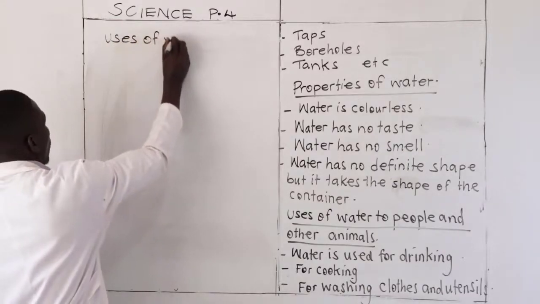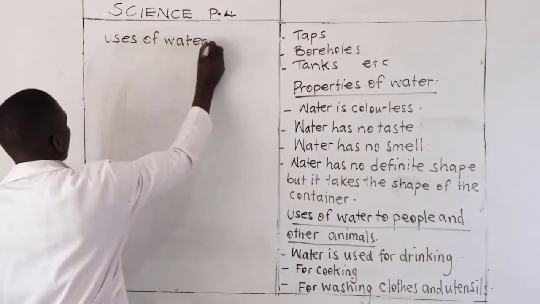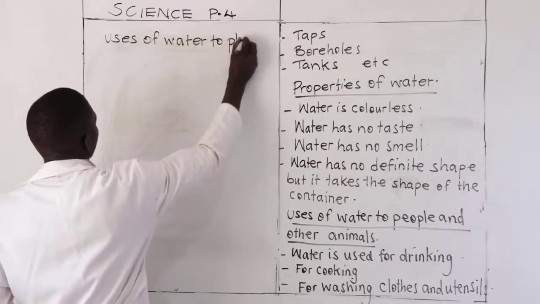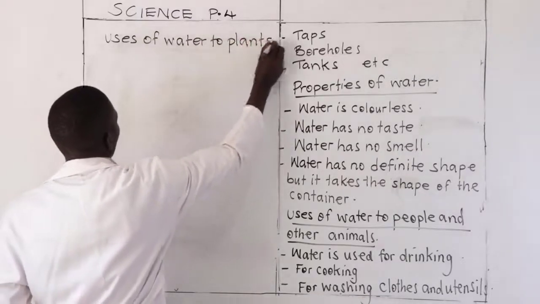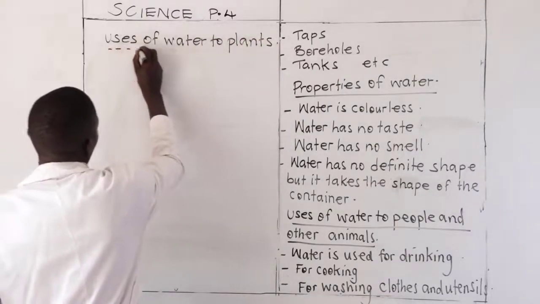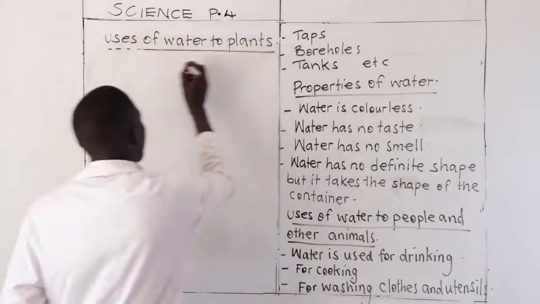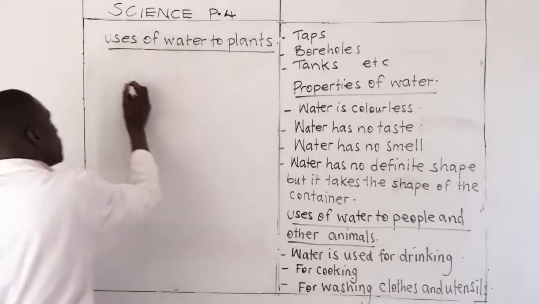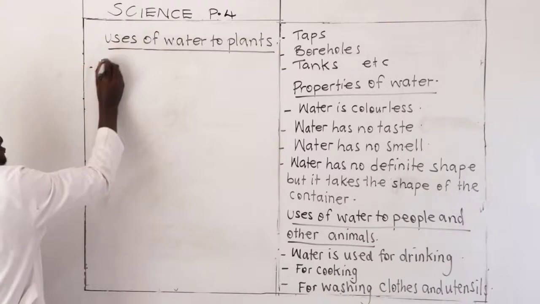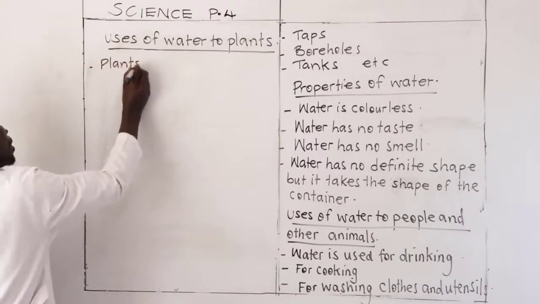Uses of water to plants. One, plants use water for germination.